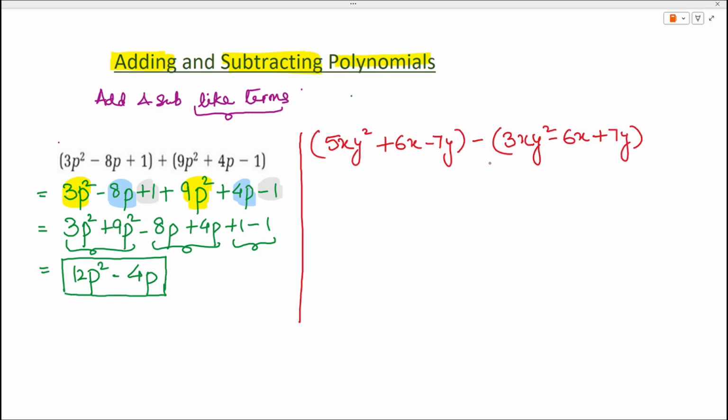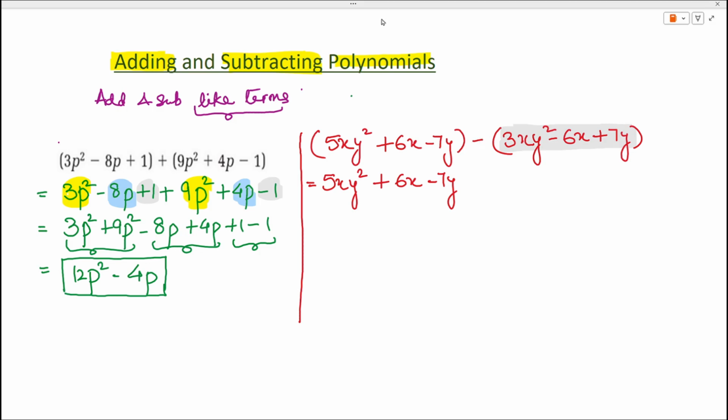Now in this question we have to subtract these two polynomials, so again we'll have to open the bracket. In the first polynomial we can just open it like this only, so we'll have 5xy squared plus 6x minus 7y. Now, before this polynomial, outside the bracket, we have been given a negative sign.